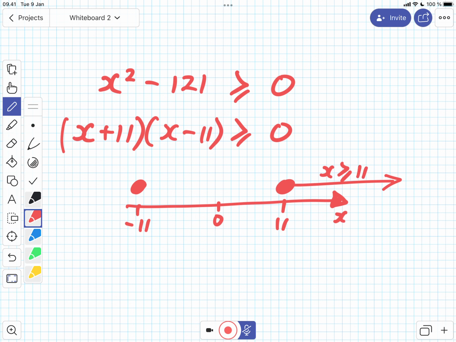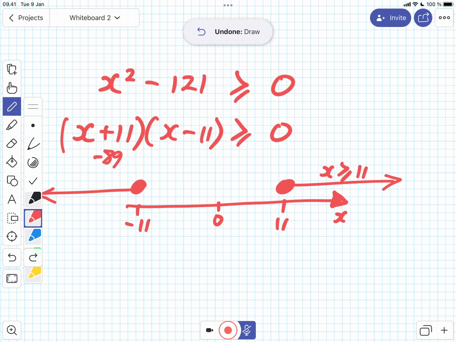Let's think about some really big negative values. So for example, when x is minus 100, down there somewhere, then you would get x plus 11, that would be minus 89, times minus 111. So you'd get a big negative by a big negative, and a negative times a negative gives you a positive, so it would be more than 0.